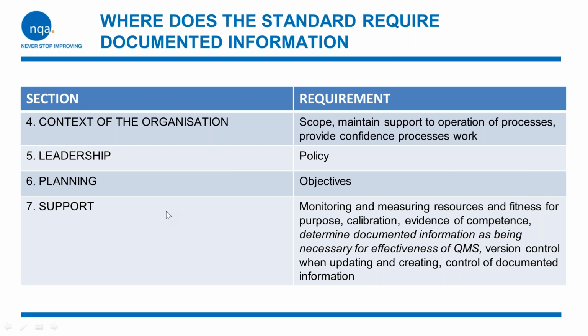Evidence of competence is a fairly easy one, really, because most people will have some form of email or certificate to say that they've attended a training course or some CPD, and it's about how you control these things as well. So when calibration's up for renewal, when somebody's, for example, first aid runs out, how we're controlling the planning of when we would rebook.